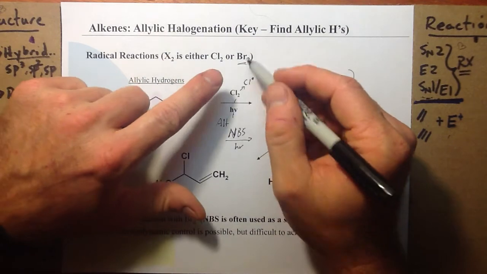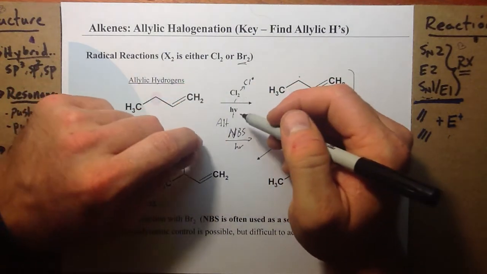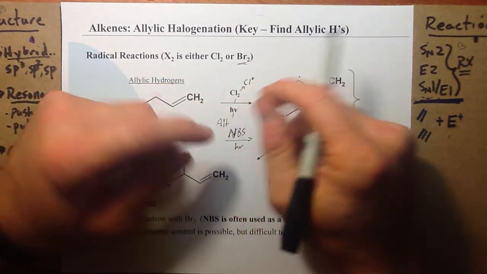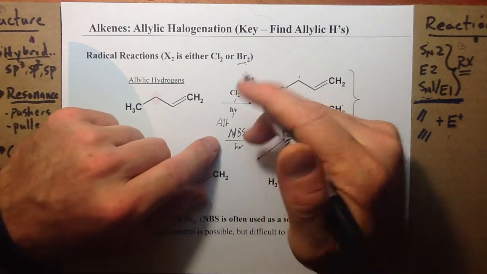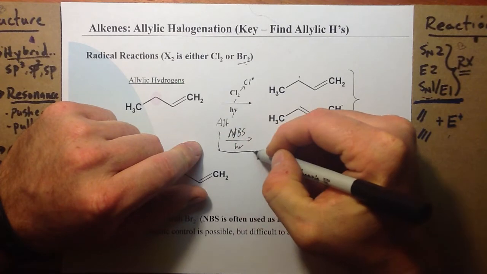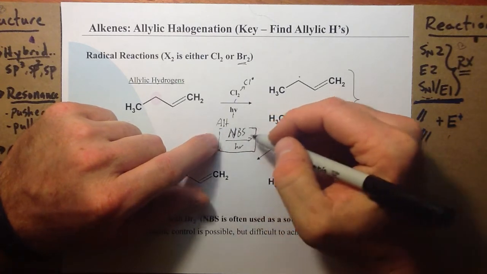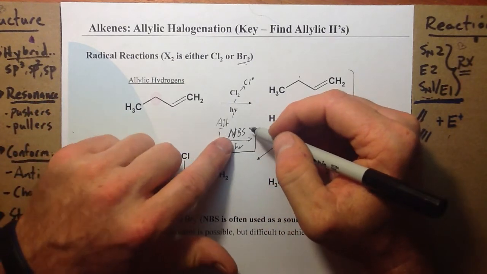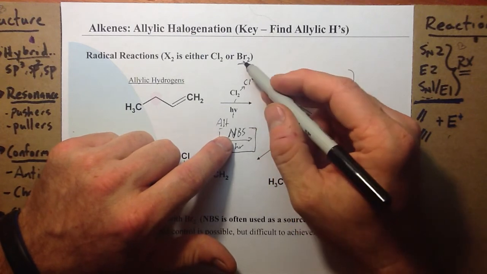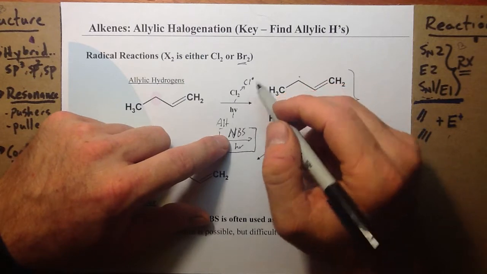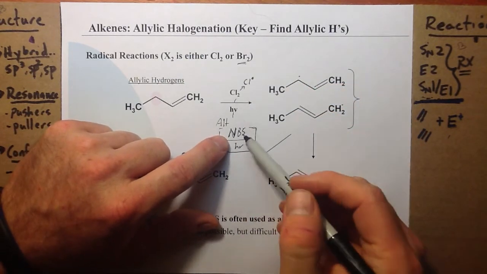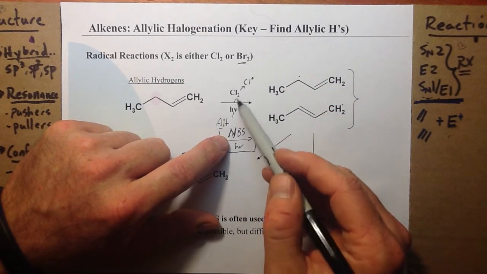We can do that with at least bromine by binding it into a molecule where it still has a slow release program of Br radicals out of NBS. I'm not going to go into that detail, but NBS is used as an alternative to Br2, and with light or heat we can initiate formation of Br radical, just like we can initiate Cl radical formation here.